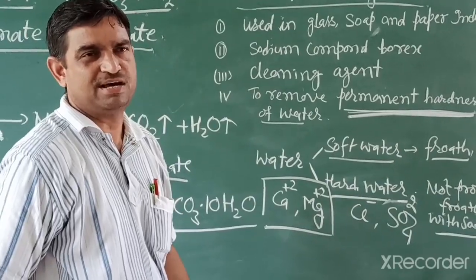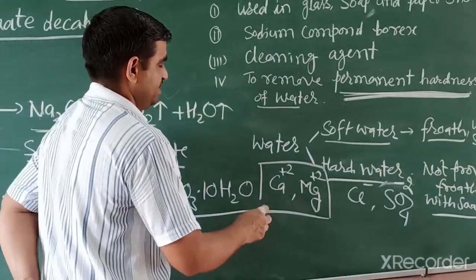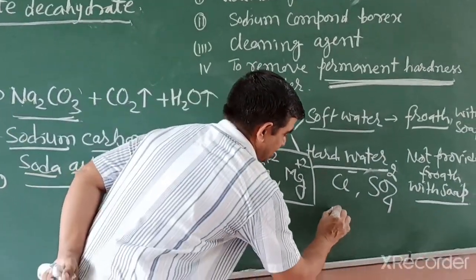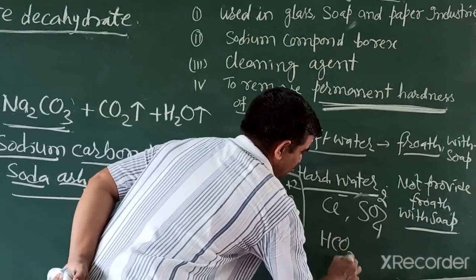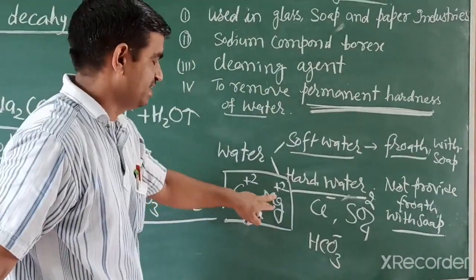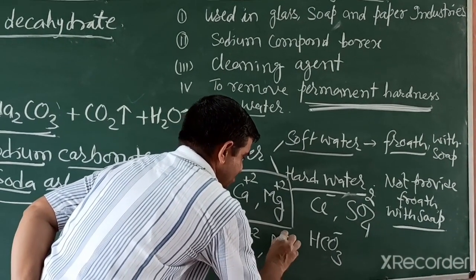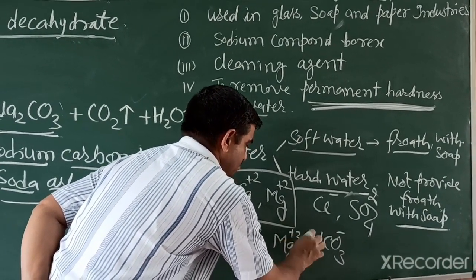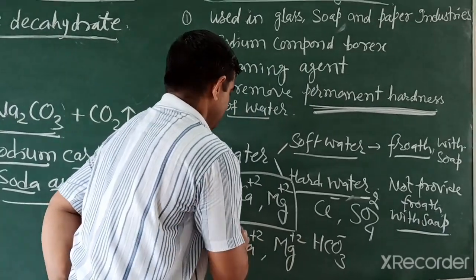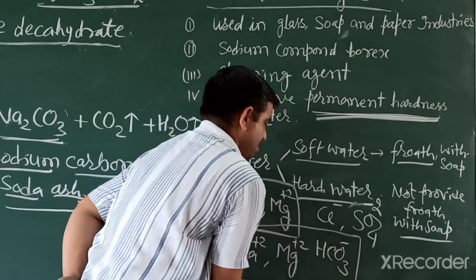Sometimes water is temporarily hard. Temporary hardness is due to bicarbonate ions. If calcium and magnesium are with bicarbonate ion, it is temporary hardness.